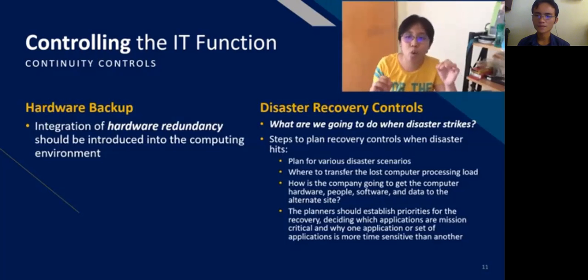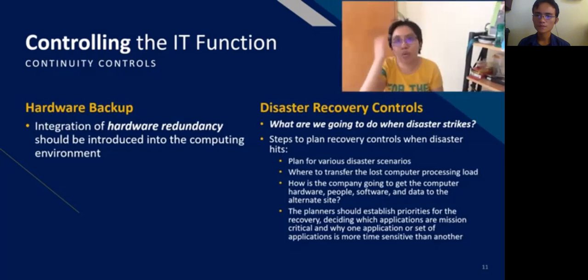So first off, you plan for various disaster scenarios. You always have to keep in mind, and you have to be open to what disasters can potentially happen. Let's say floods, fires, those can all happen, and you can't predict when that would strike or affect your company as well as your infrastructure in general.